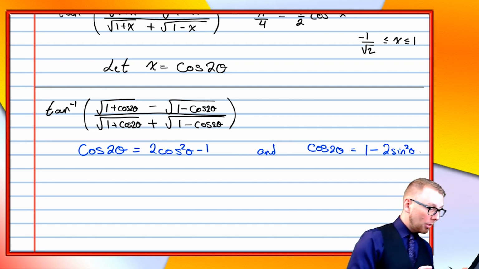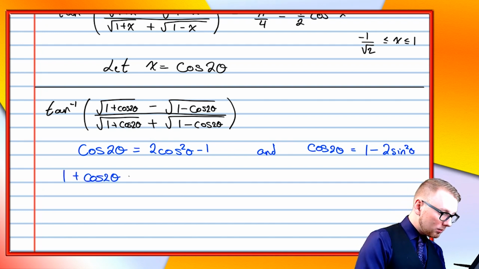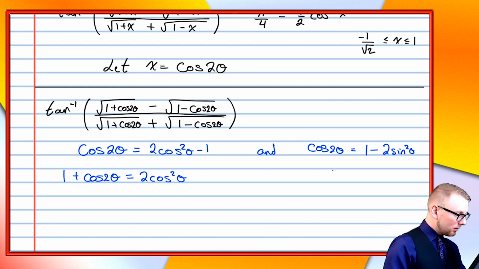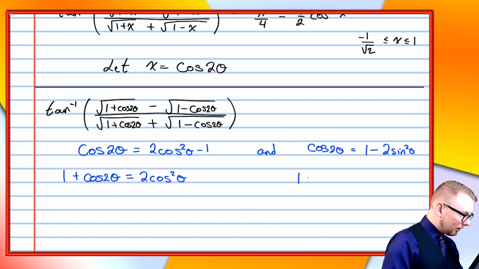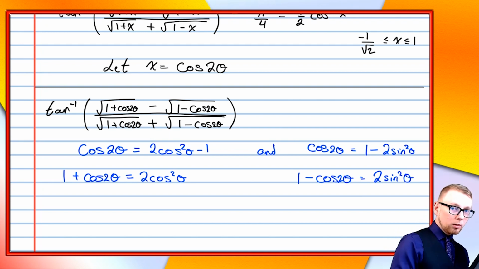All right? That means that 1 plus cosine 2 theta is equal to 2 cosine squared theta, and 1 minus cosine 2 theta is equal to 2 sine squared theta. Okay, let's plug them in.